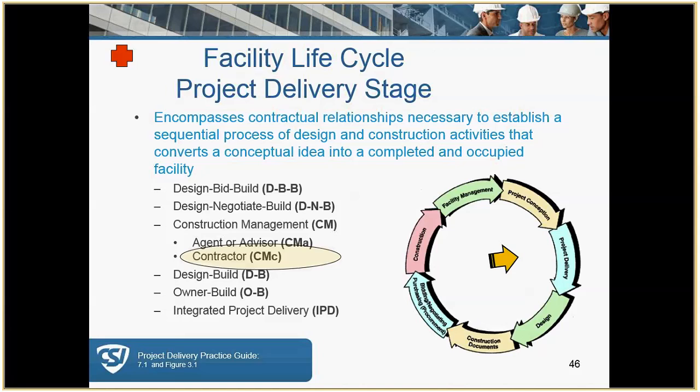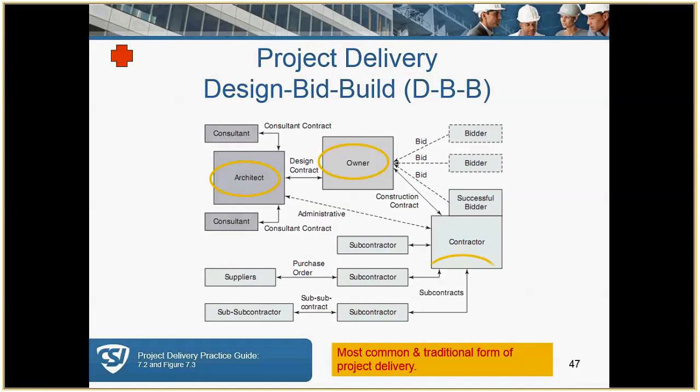We're going to talk about, again, the most traditional, design, bid, build. You'll see throughout these slides, you'll see areas highlighted. And again, they're highlighted to emphasize that tripartite relationship. And with these diagrams, you'll see dashed lines that link everyone to the general conditions and how the correspondence is supposed to flow. And it is supposed to flow through the architect.